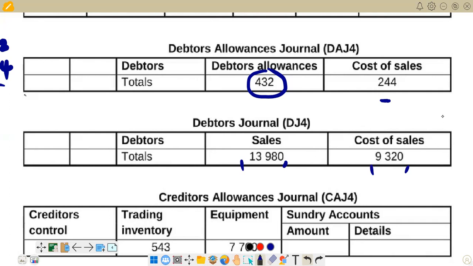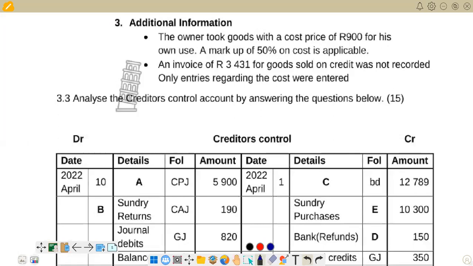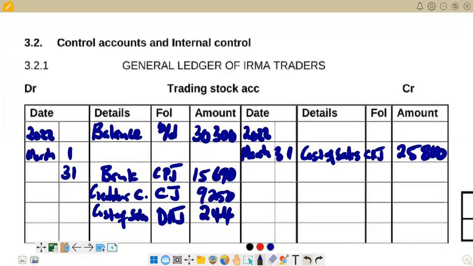Let's go to the trading stock account and enter 9,320.